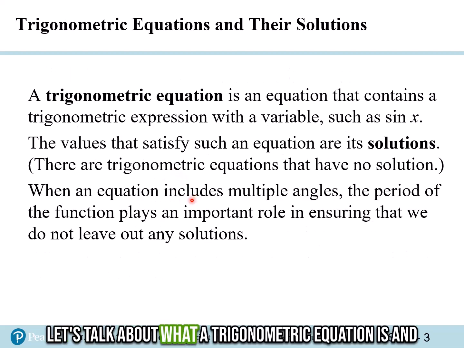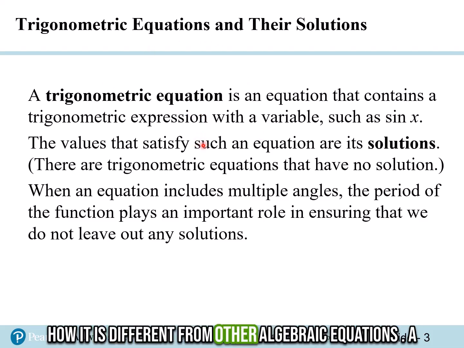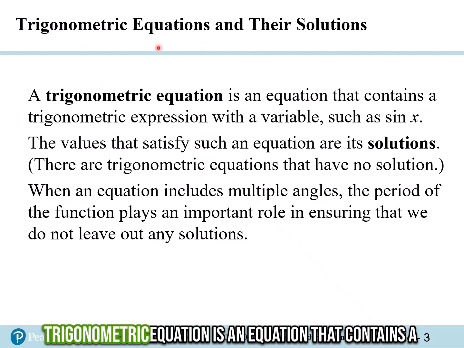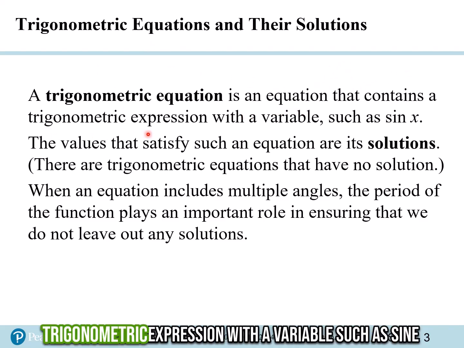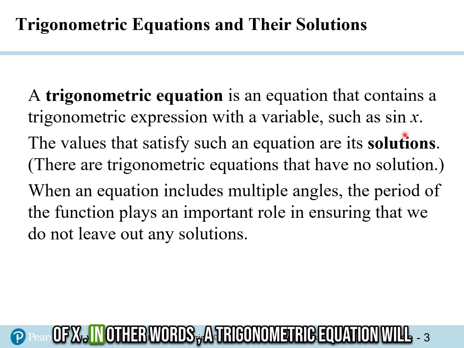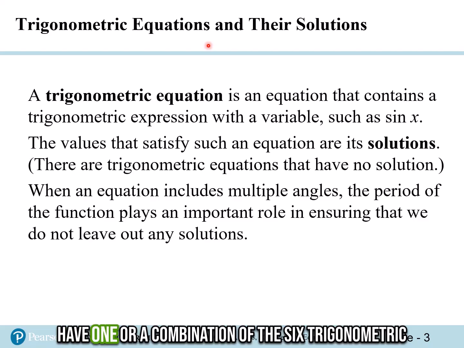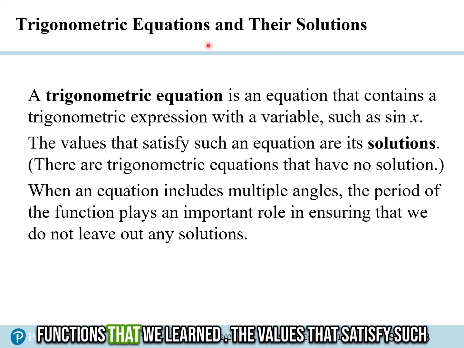Let's talk about what a trigonometric equation is and how it is different from other algebraic equations. A trigonometric equation is an equation that contains a trigonometric expression with a variable such as sine of x. In other words, a trigonometric equation will have one or a combination of the 6 trigonometric functions that we learnt.